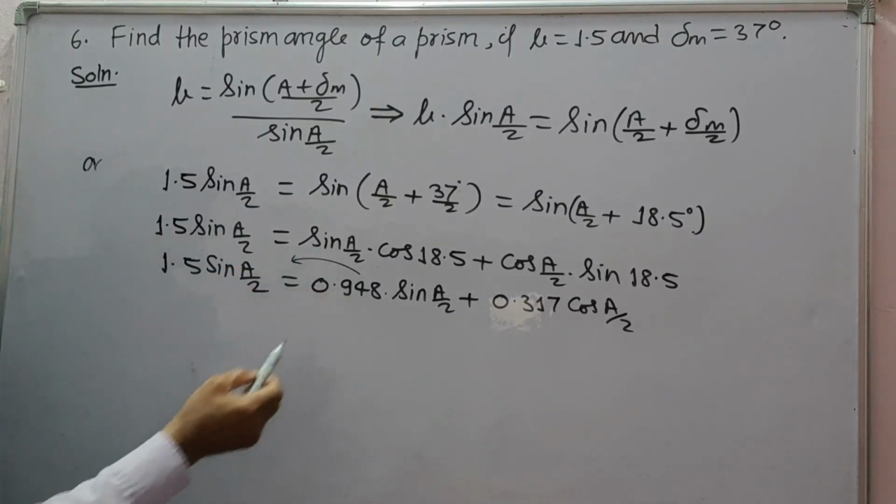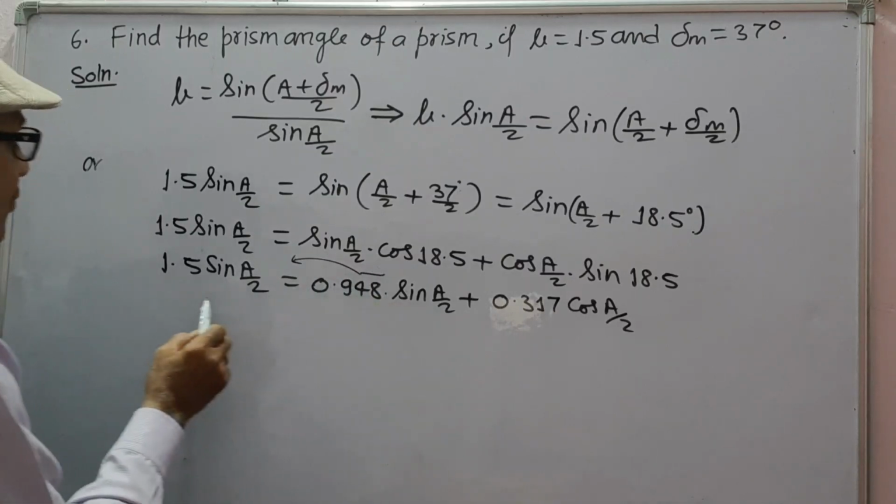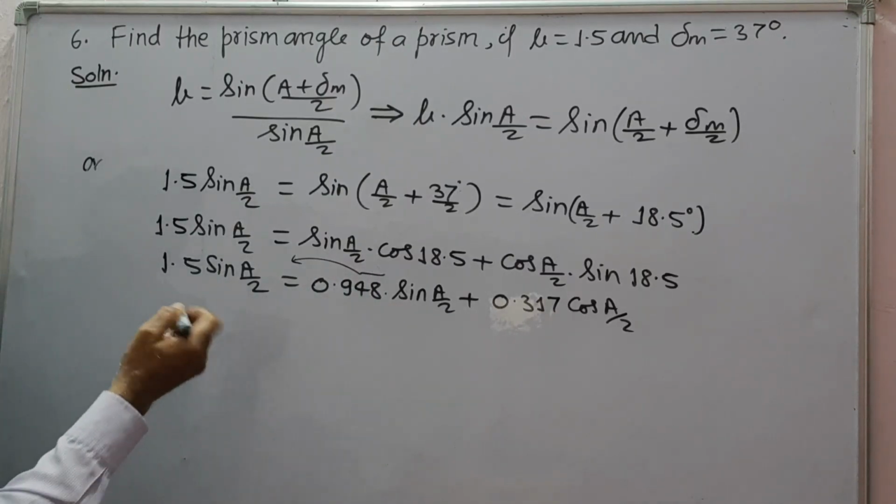This is 1.5 sin A by 2. This can be taken to left hand side. So sin A by 2 is common.